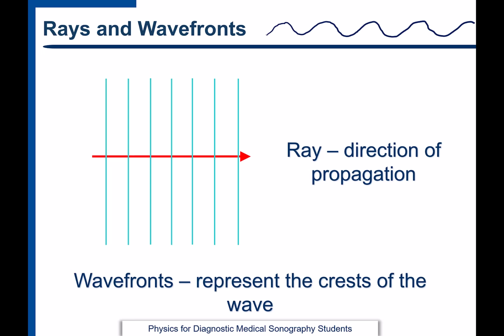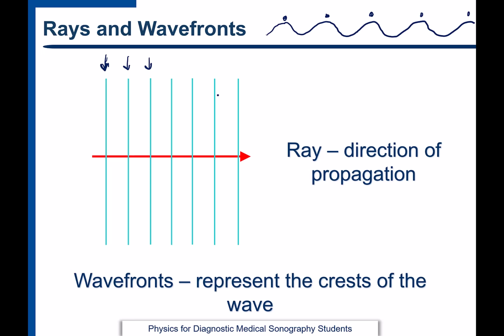And now imagine that you just marked the crest of each wave. Now again, those aren't really dots, but they're lines because that wave is three-dimensional, not just two-dimensional. Now imagine you looked at that from up above, and what you would see is these lines. So the lines here represent the crests of the waves, and we call those the wave fronts.